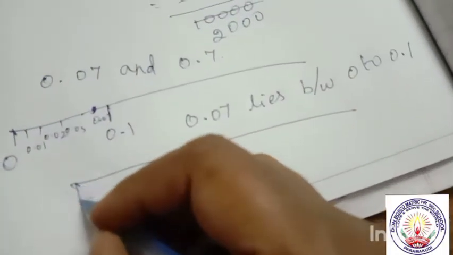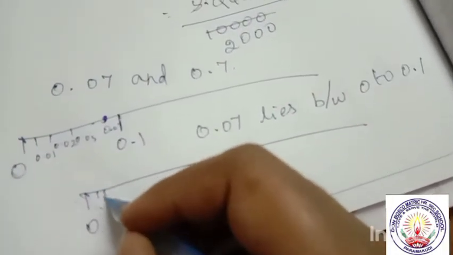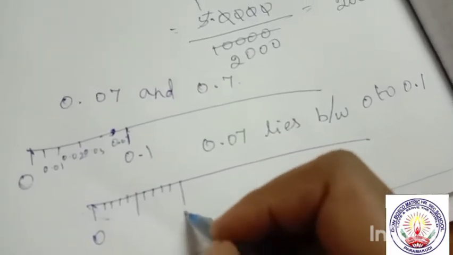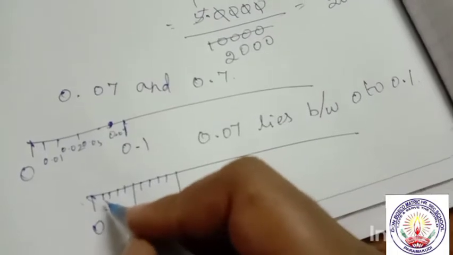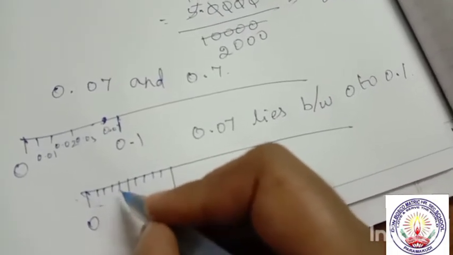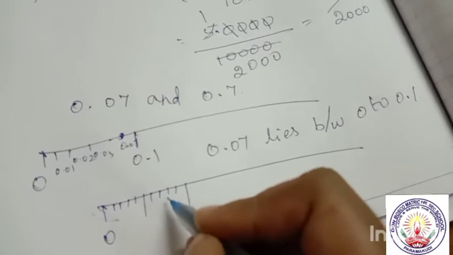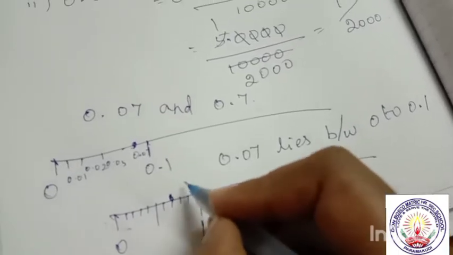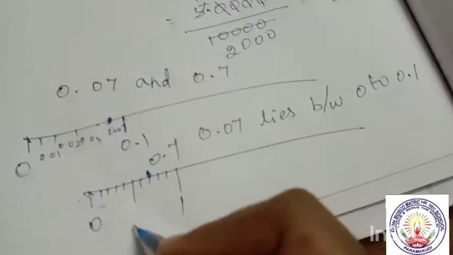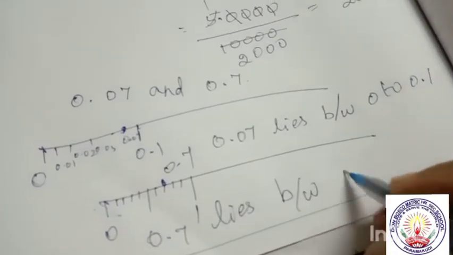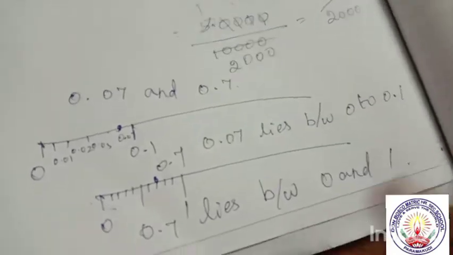Draw the number line: 0, 0.1, 0.2, 0.3, 0.4, 0.5, 0.6, 0.7. That one is 0.7. So 0.7 lies between 0 and 1.